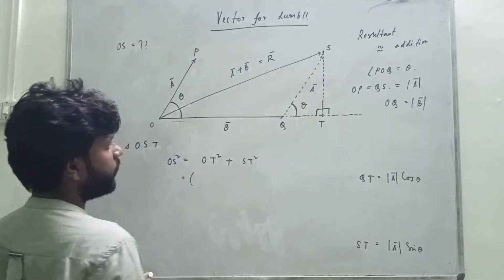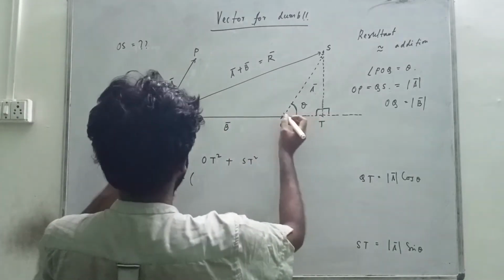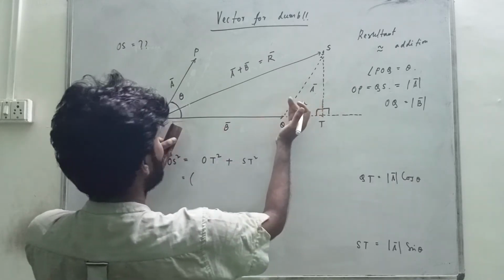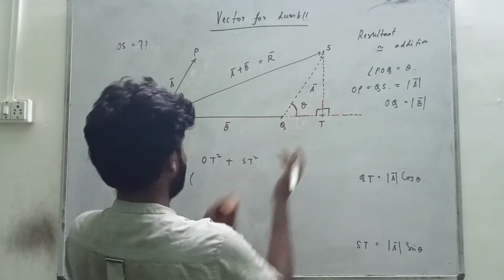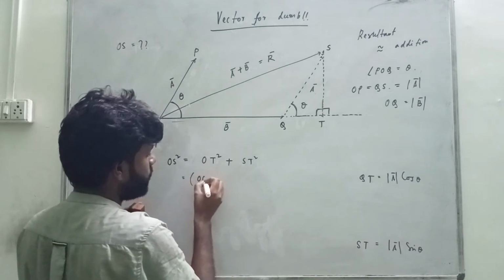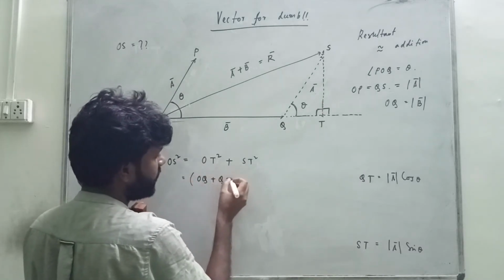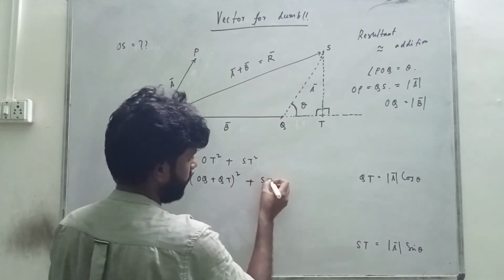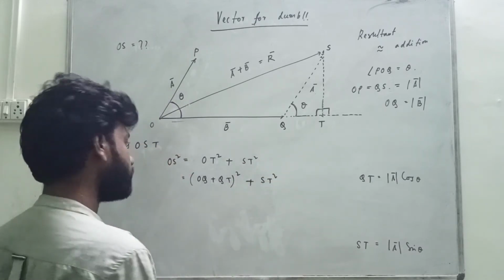And what will be the OT? OT is just OQ plus QT. So OS squared equals OQ plus QT whole squared plus ST squared.